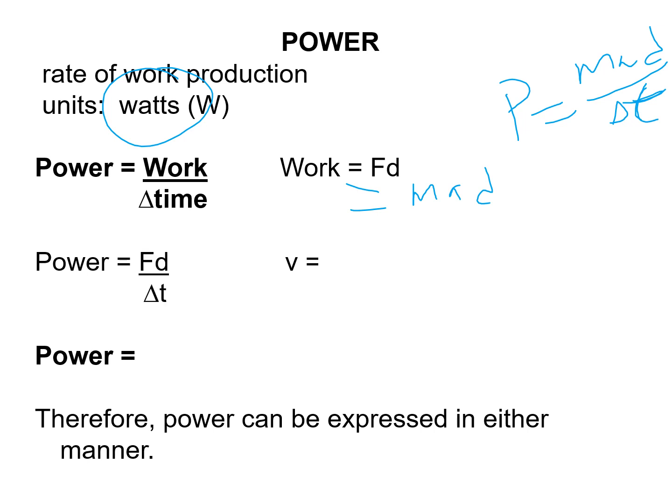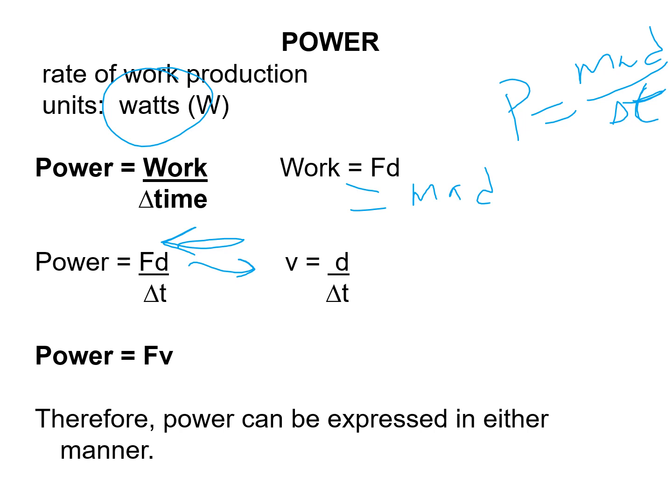So power is force times displacement over time, and velocity is displacement over time. So there is kind of a continuum here where all we're really doing is power is dependent on the velocity of something. So power is force times velocity.